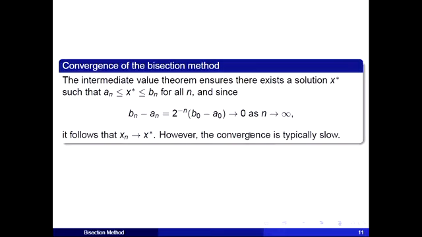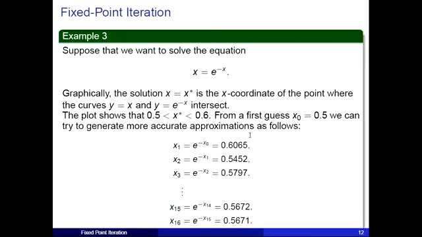The second method we discussed was the fixed point iteration. Fixed point iteration is when you have x equal g of x. Before you had f of x equals 0, but here you have x equals g of x. Then you define x1 to be g of x0 and x2 to be g of x1 and so on.